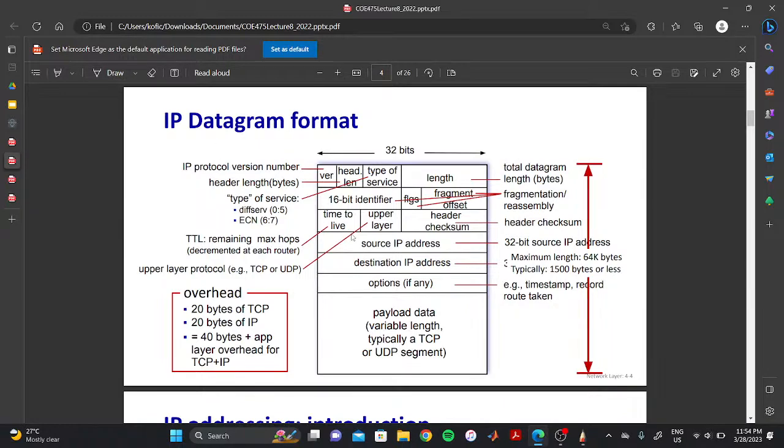I wanted us to get to the diagram, the format of the IPv4.